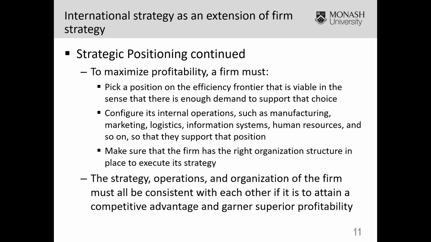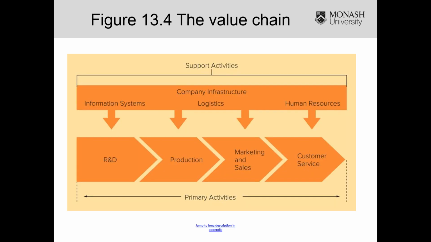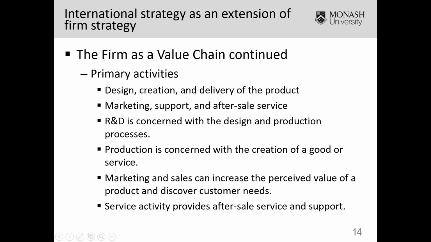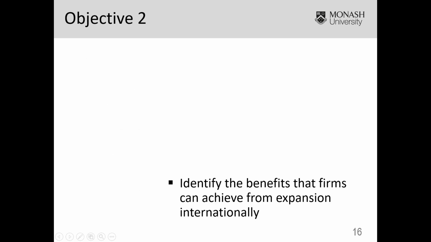And many companies use Fox in the way to do that. So the value chain has those value creation activities, which form together into this grouping of primary and support activities, as mentioned. This should all be revision, which is why I'm not going to talk about it anymore.